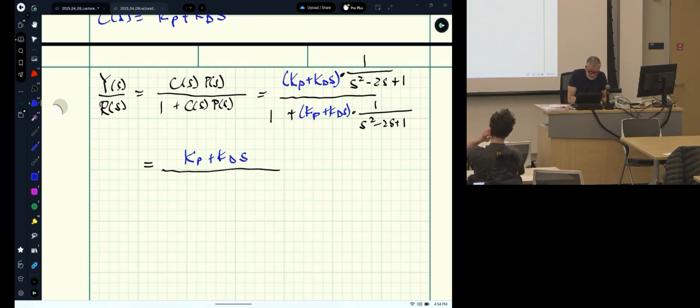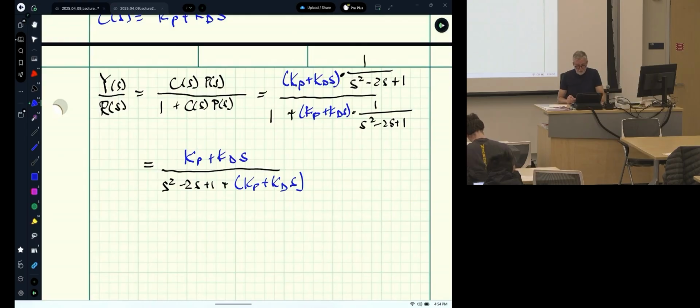And then we get S squared plus, minus 2S. Then we have the compensator repeated.